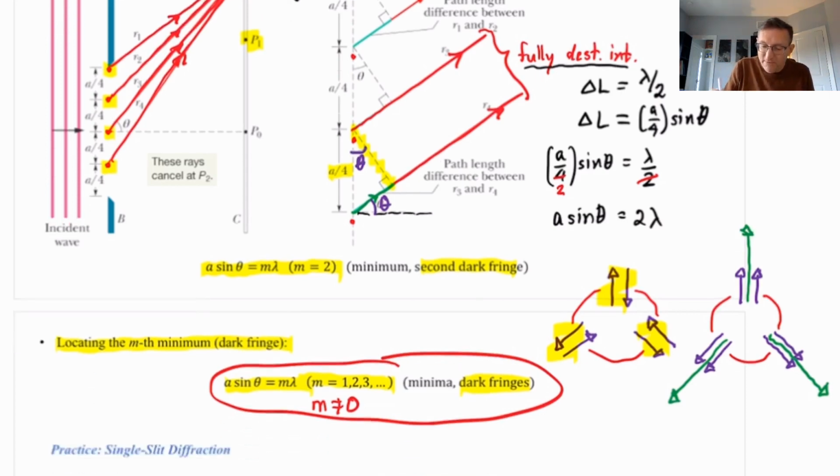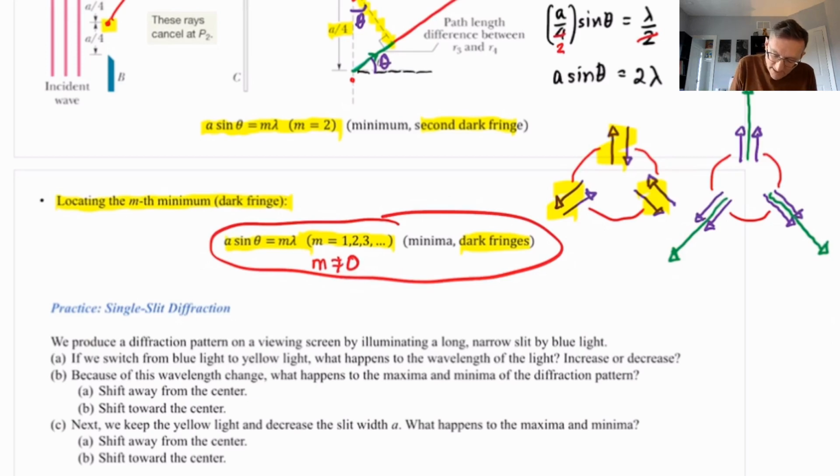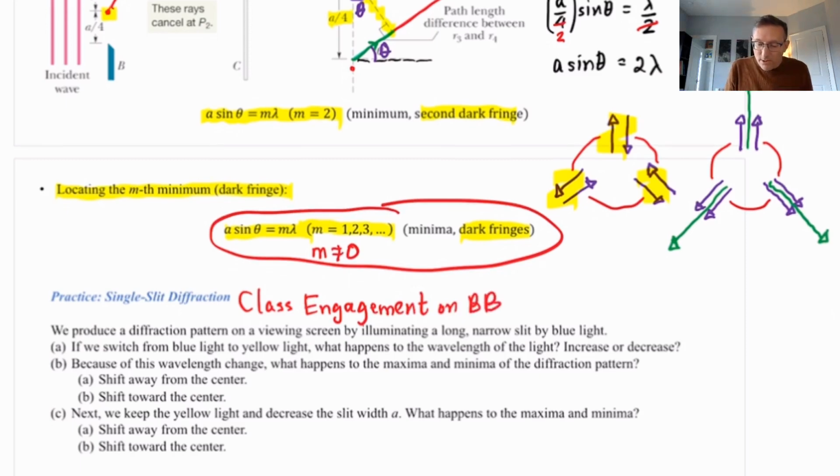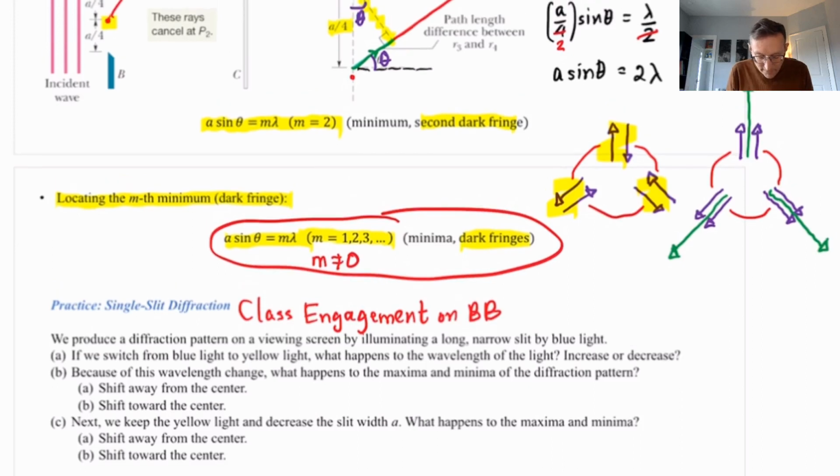So I will just leave you with another class engagement question on Blackboard. And it goes like this. We're going to produce a diffraction pattern on a viewing screen by illuminating a long, narrow slit by blue light.